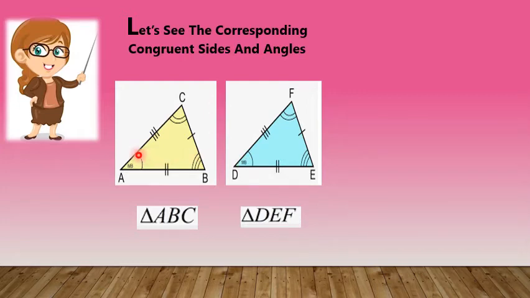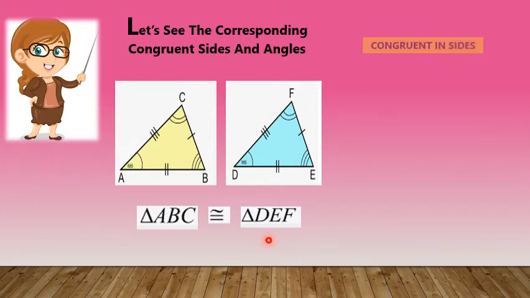Then take a look at the measures of the angles. You have the mark here and also here, so it means that angle A and angle D are congruent. Then here angle C and angle F, and this angle B and angle E. So therefore, triangle ABC is congruent to triangle DEF. Now let's write to clarify this.